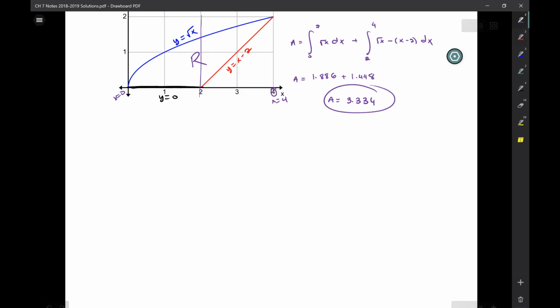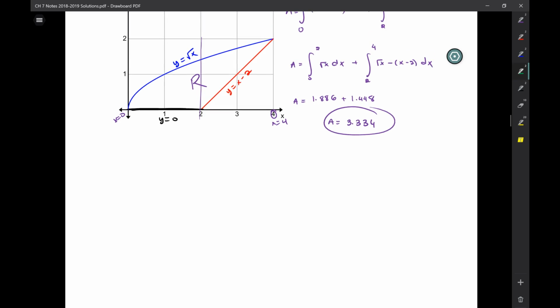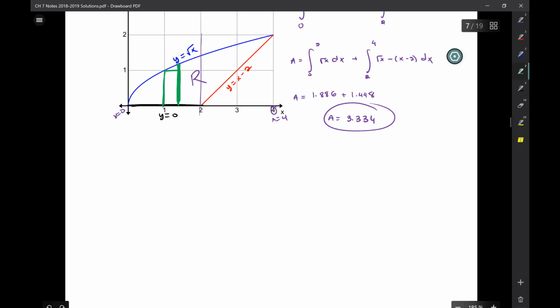Remember, I always say this. Remember the people who got you where you are. How did we get where we are? We got here by first doing those Riemann sums, by first finding the area using the what? The rectangles. So let's just pretend we had a rectangle right here. How do you find the area of a rectangle? Base times height. And what is the height of this rectangle?